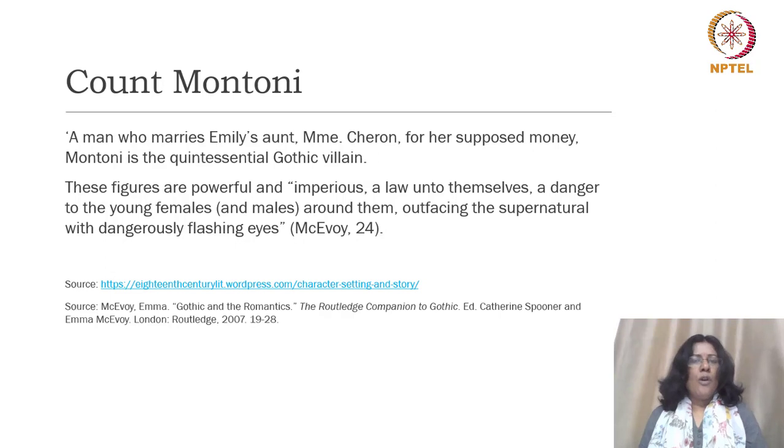There is no way he could be checked by any kind of authority really effectively, because he isolates himself from society, and, as you would know if you read the novel, he is a real danger to the women as well as to the men around him, and he seems to face the supernatural in a powerful way. He could handle the supernatural because he is evil himself. So Montoni is a potent force in this novel.